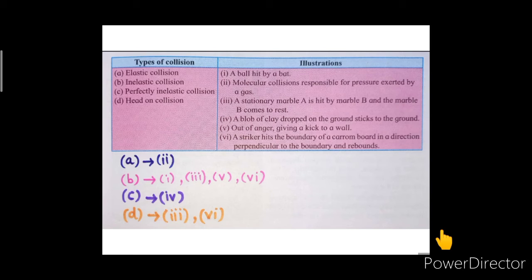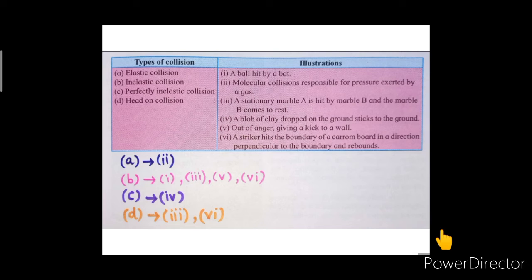Then illustration 5, out of anger giving a kick to a wall. Similarly, over here the kinetic energy before and after the collision is not the same. The conservation of momentum takes place. That is why this is an example of inelastic collision. Then example number 6, a striker hits the boundary of a carom board in a direction perpendicular to the boundary and rebounds.